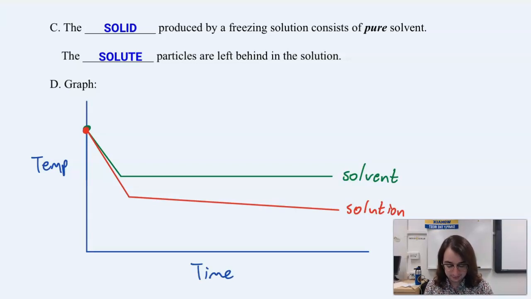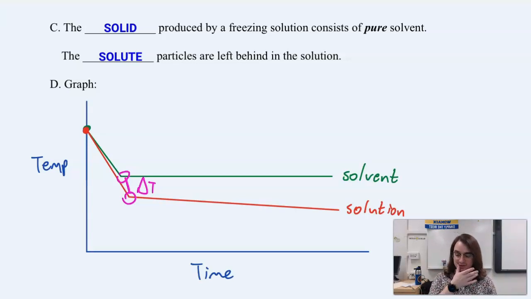And the distance between these two points, that's our ΔT. So that's why we have to subtract our ΔT from our initial freezing point in order to find out our new freezing point. So again, it's the same as boiling point, but we subtract.